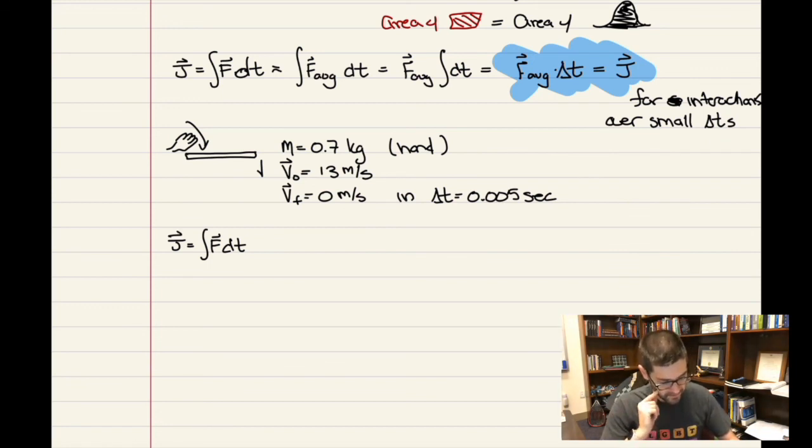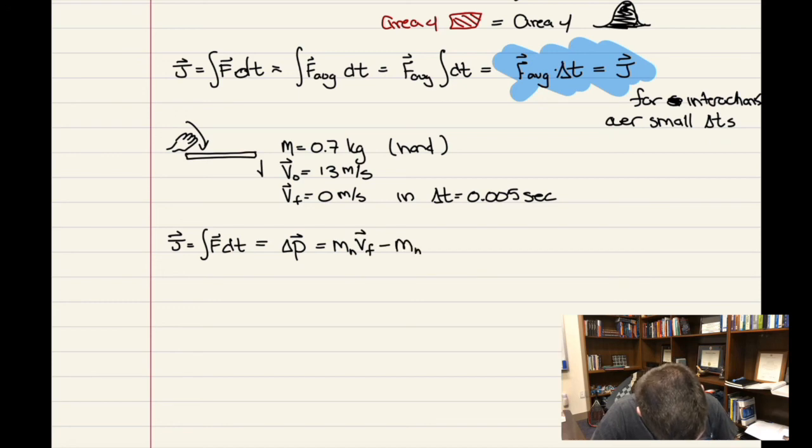But also remember the impulse-momentum relationship. Impulse is just how much your momentum has changed. So that is mass of the hand times v final minus mass of the hand times v initial. The final velocity of the hand is 0, so that is just minus mass of the hand times v initial.